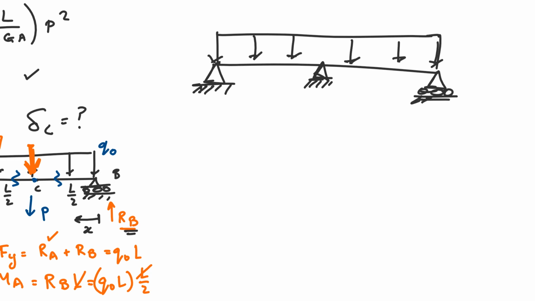It's completely indeterminate. Why do I say that? Well, let's look at it, right? We have RA here, we have RC here, and we have RB here. Now we have three forces, right?